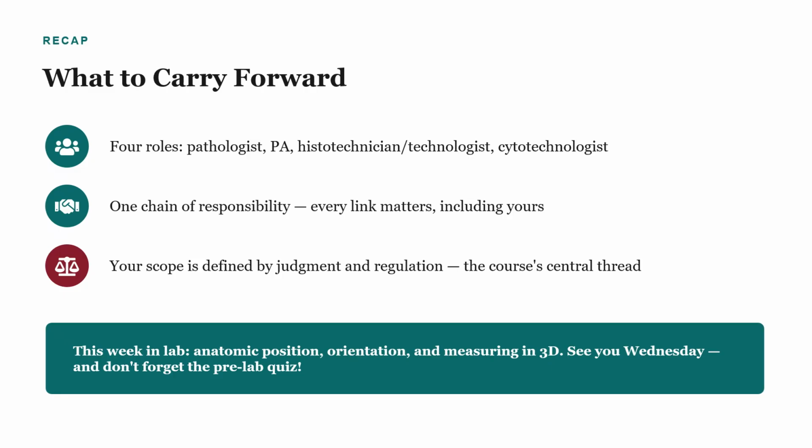Second, they're connected in one chain of responsibility, where every link matters and the diagnosis is only as strong as the weakest one. And you are one of those links. And third, your scope of practice at the grossing bench is defined not by skill, but by judgment and regulation. And that scope of practice question is the central thread of this whole course.